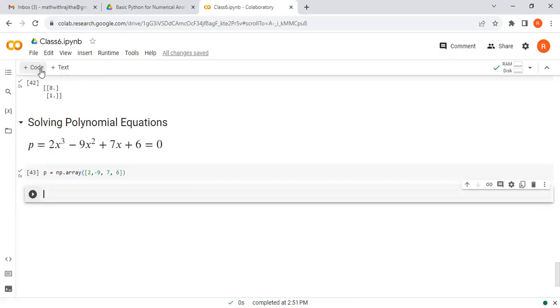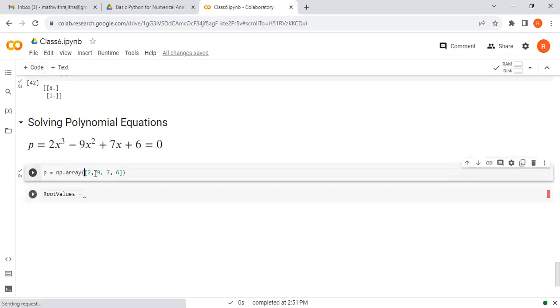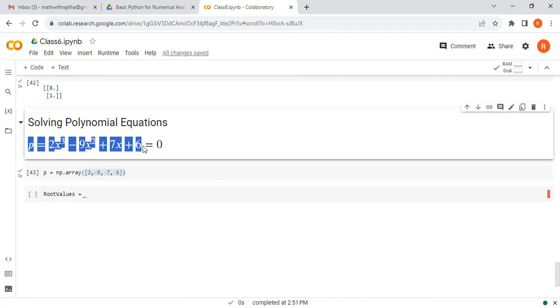Next, root values. Now, what are the root values? Root values mean the values of x when this polynomial function is equal to 0, that satisfy this equation.